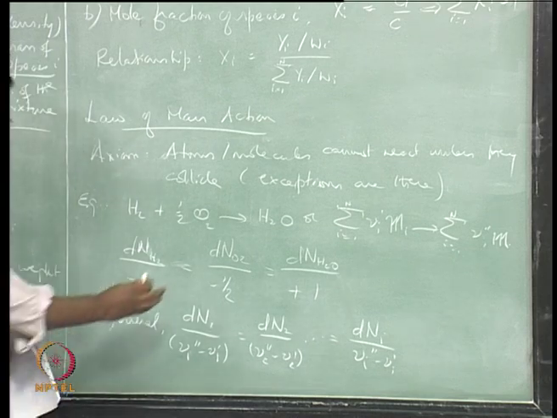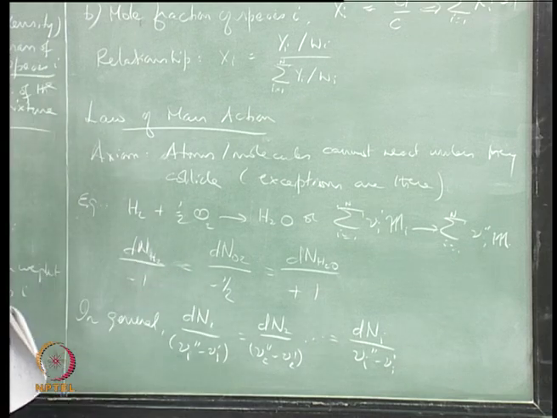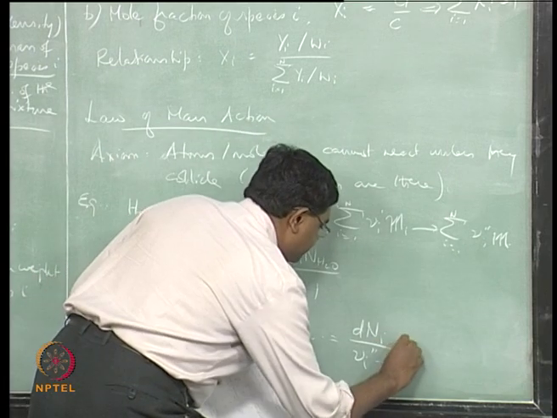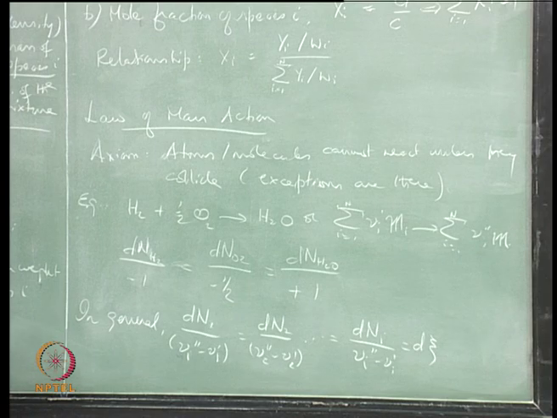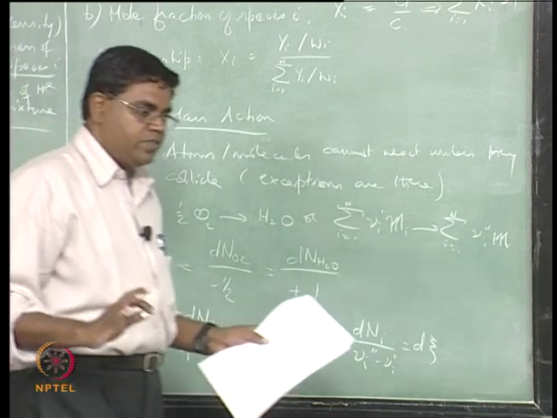So this is a generalization of what we just went through, and let's now call this d psi, where psi is what's called the degree of advancement of the reaction. Let me stop here for the day.